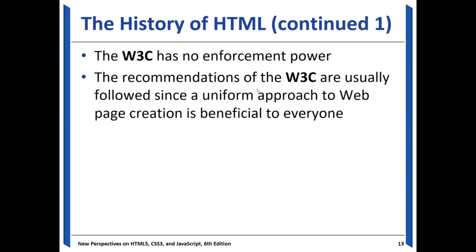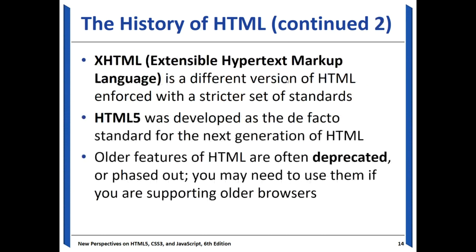Now they have no enforcement power. They can't go to Microsoft and say you cannot add this feature to Edge because it doesn't follow along with our standards. But their recommendations are generally followed because it gives a uniform approach.